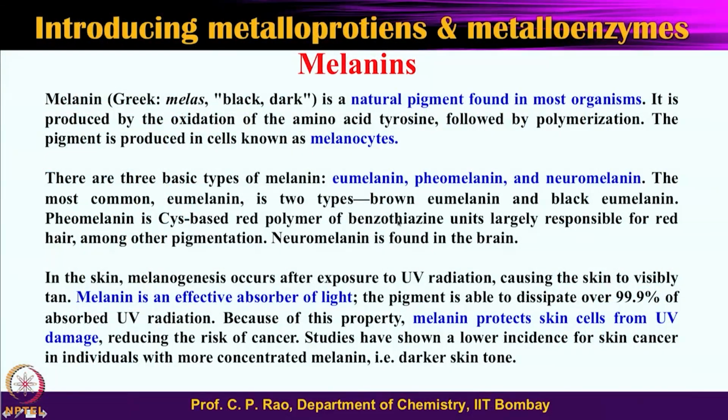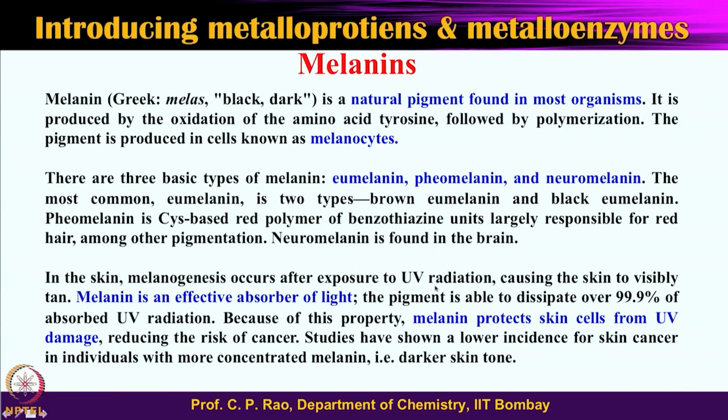Then towards the end of the previous class we looked at another topic on melanins. Melanin, as you know, the term comes from black, a black kind of color, which comes from the oxidation of tyrosine by a variety of enzymes, and this leads to a black pigment.